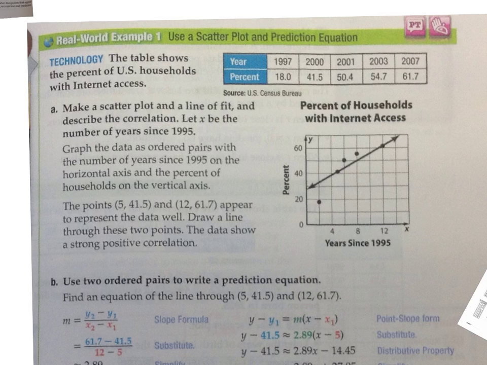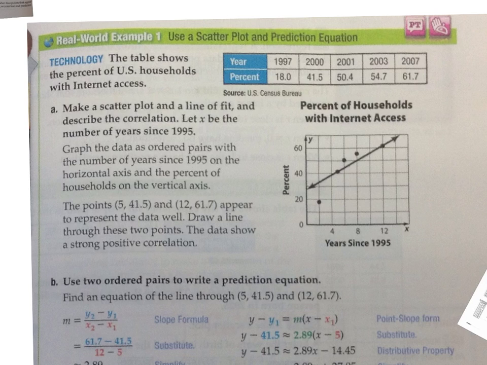Anyhow, they take this data and they plot it on an XY plane, where the years is down here as the x-axis, and the y is the percent of people with internet. So they give you this info, they plot the points, so you've got points all over the place, and then you have to make a line that best fits.